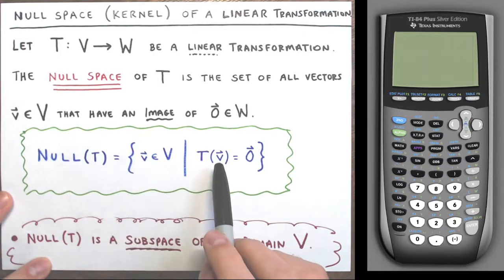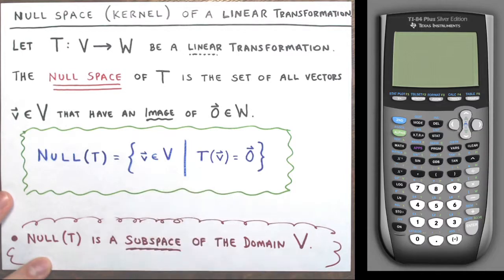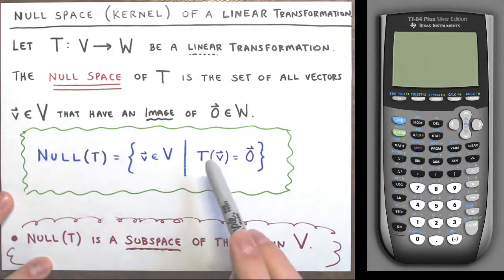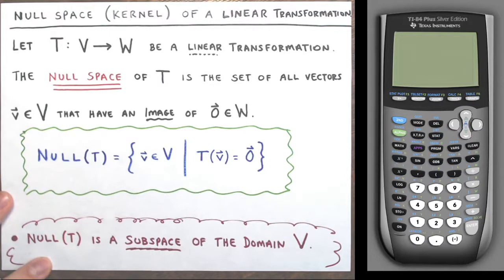If you take two vectors that map to the zero vector in W and add them together, they will also map to the zero vector, so it's closed under addition. And if you take a vector that maps to 0 and multiply it by a scalar, and here we're going to assume scalars are from the field of real numbers, though they could be from any specified field, that scalar multiple will also map to the 0 vector.